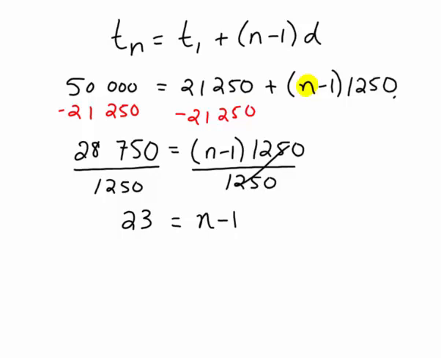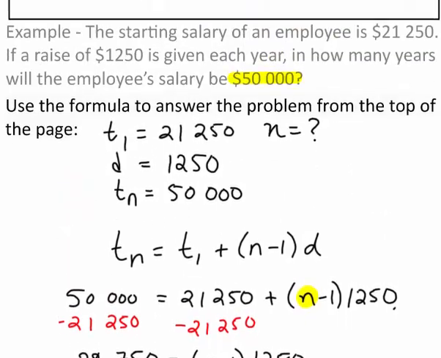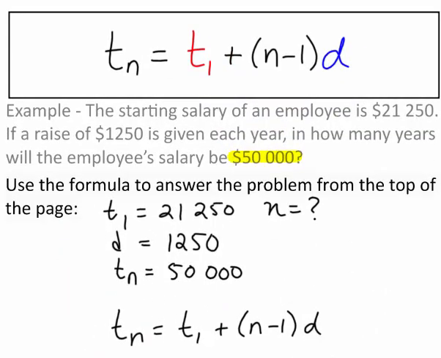And right now n is being subtracted by 1, so we're going to add 1 to each side, which leaves us with n equals 24. Now let's go back up to our question and remind ourselves what we were trying to find. We were looking for, in how many years will the employee's salary be this? And we've decided that n equals 24, and that makes sense that it would take 24 years to reach the salary of $50,000.